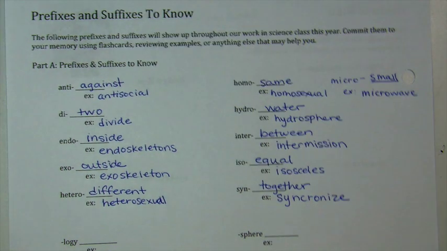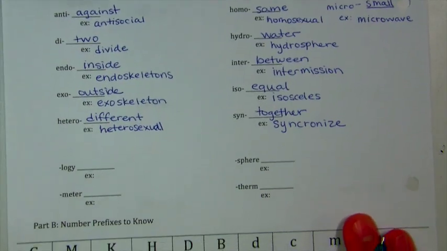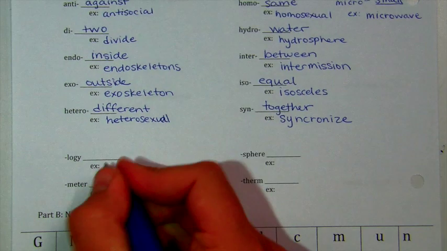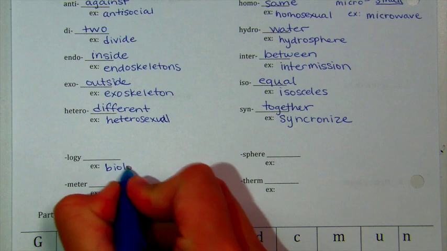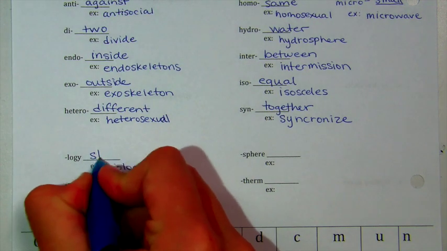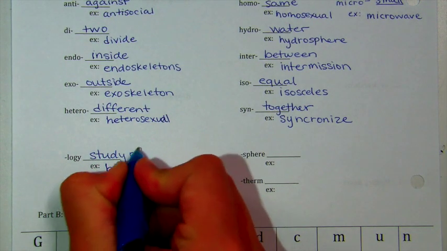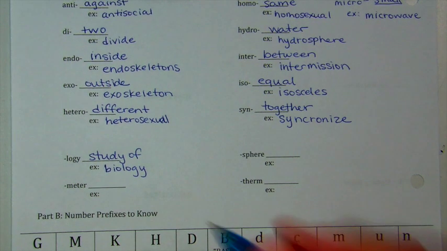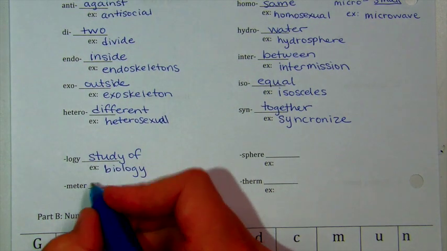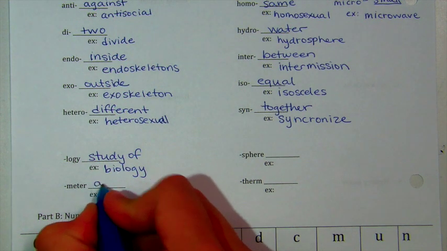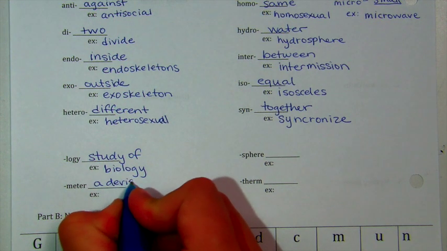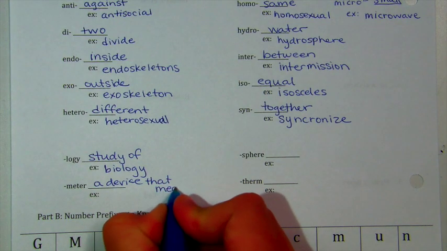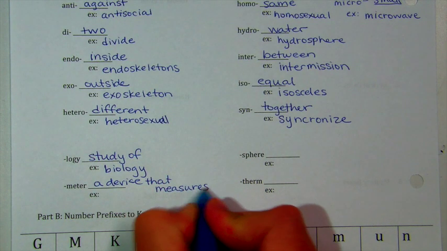On to the suffixes. There are 4 of them that you need to know. The suffix logy, like biology, means the study of. Physiology would be the study of as well. Meter is a device that measures. For example, a thermometer.